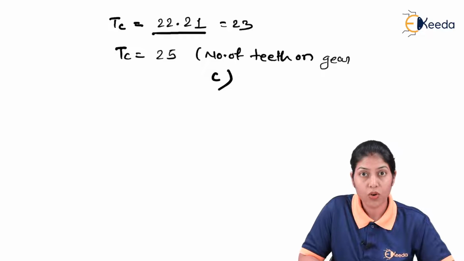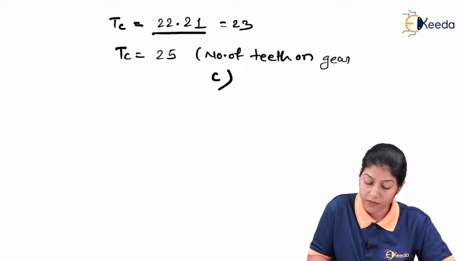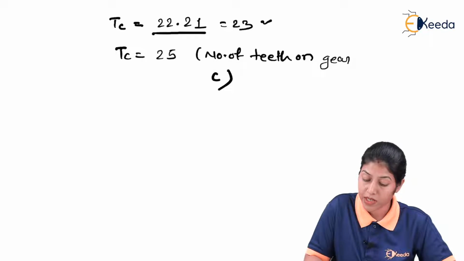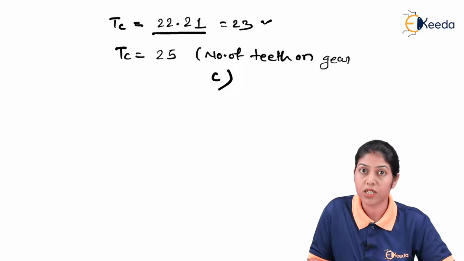So we will consider a whole value for the number of teeth, and on the basis of this whole value, we will define the pitch circle diameter of each gear when we design the gear. If the condition is not given, in that case we can use 23, but the condition is given that the number of teeth should not be less than 25, so this TC will be 25 only, and this is representing the number of teeth on gear C.